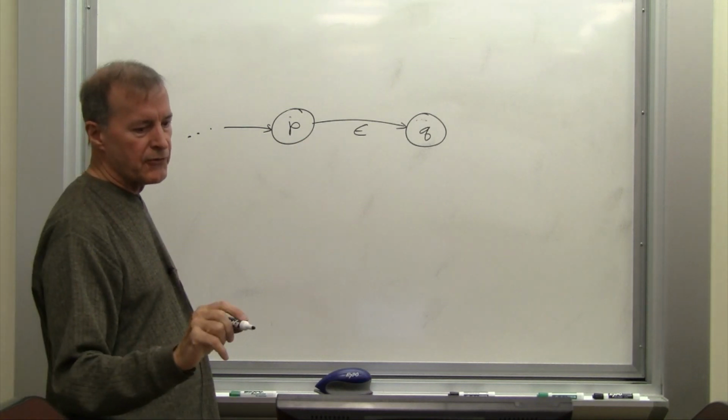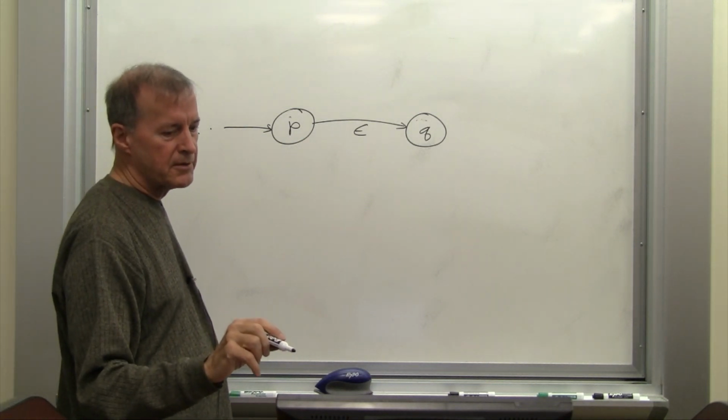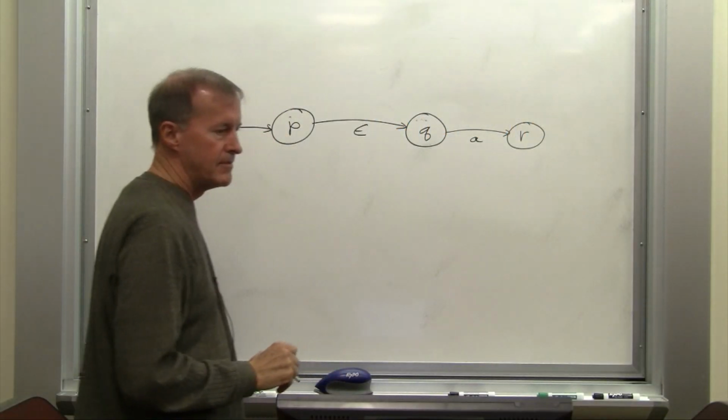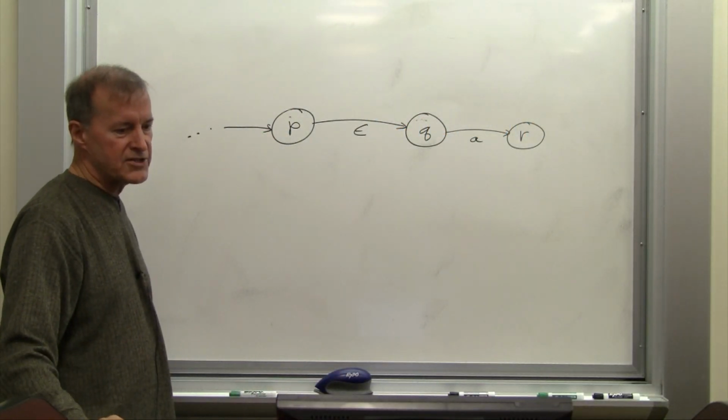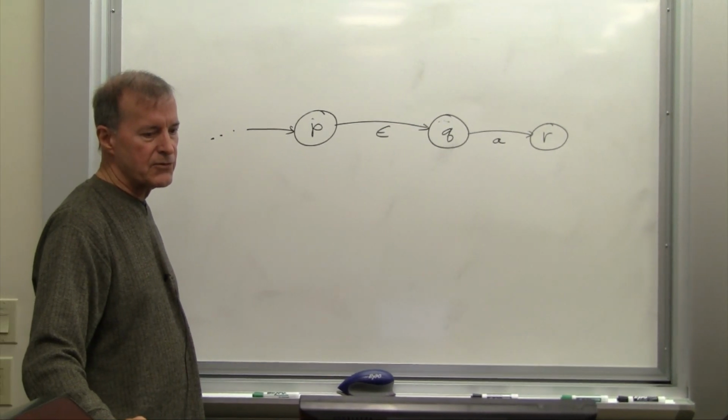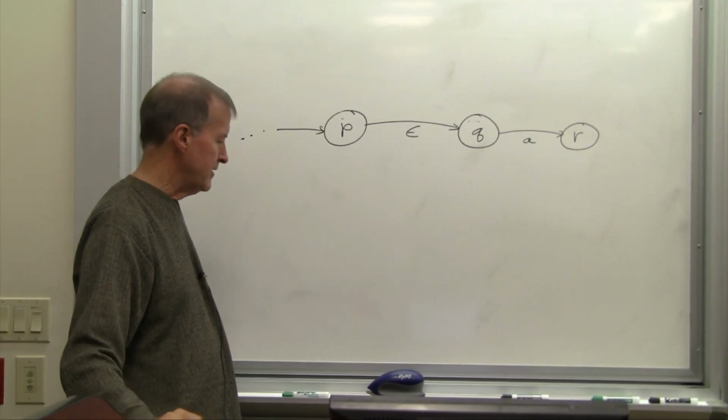And then it says, for every transition from Q to R, so let's say that this Q goes to R, and this one is on the symbol A, what does it say to do? Add a transition from P to R on A.